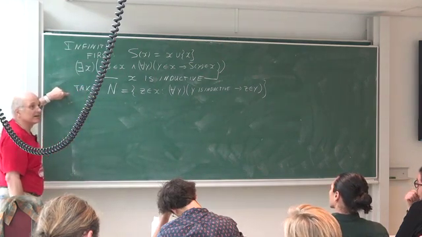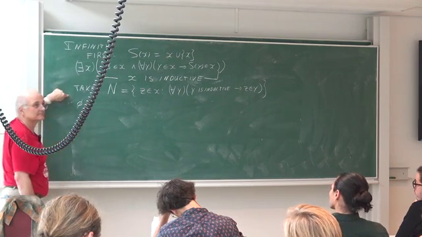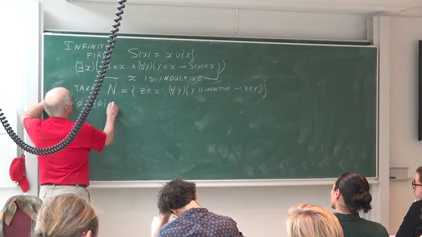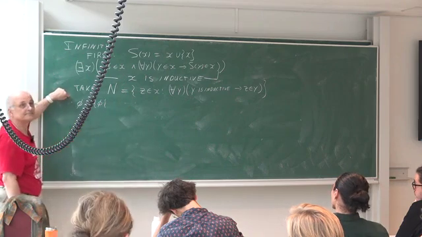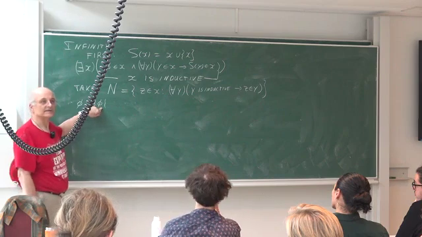Now, what can we say about this thing? Well, the empty set is there. This is there because it's the union of the empty set and the singleton of the empty set.